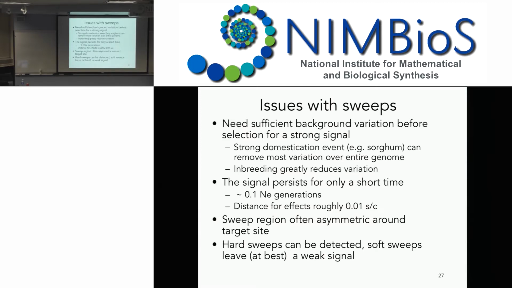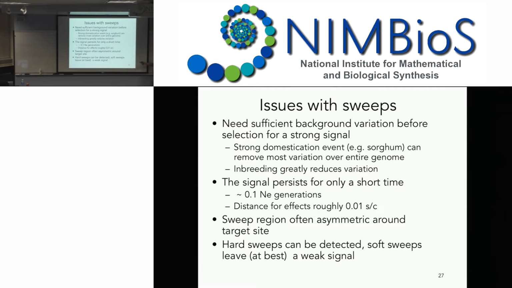When you have a signal, it persists for only a short amount of time. Oftentimes these signals persist for only about 1/10 Ne of a generation, and the effects basically scale like this. So if selection is weak or recombination strong, it covers a small window.